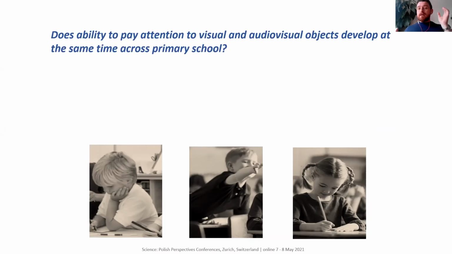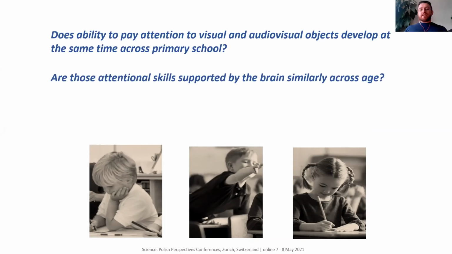As I said, linking the drawn shape and the sound is very important for those basic educational skills. What is also important is to what extent those attentional skills are supported by the brain in a similar fashion, and across what ages this is happening.